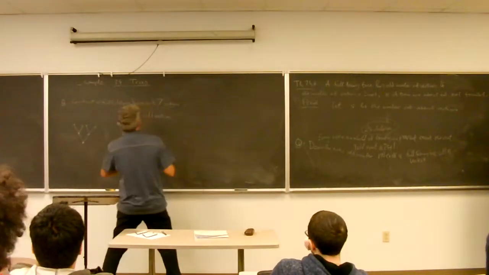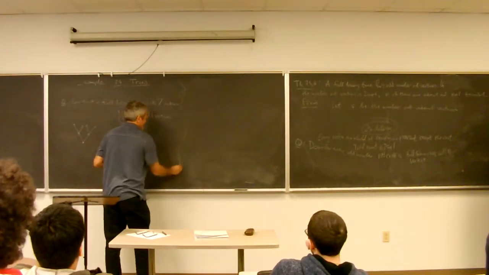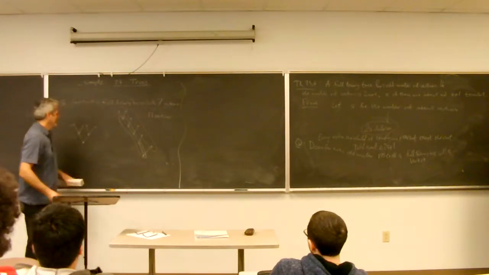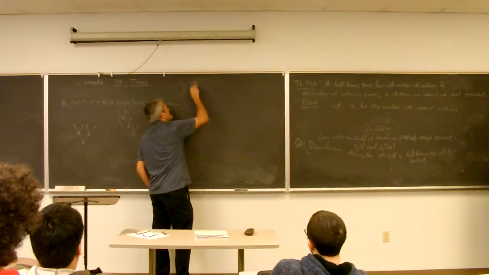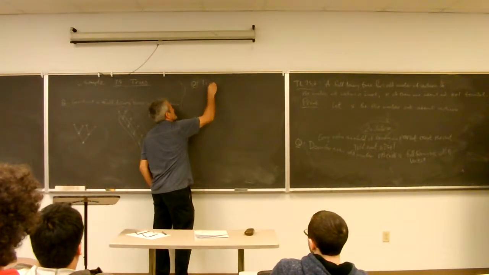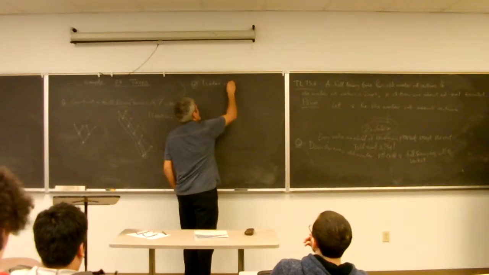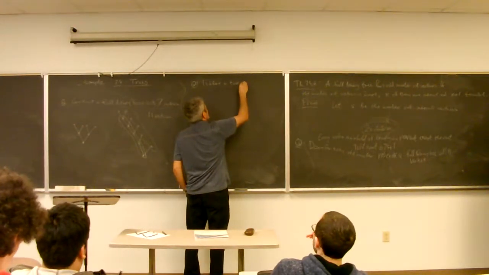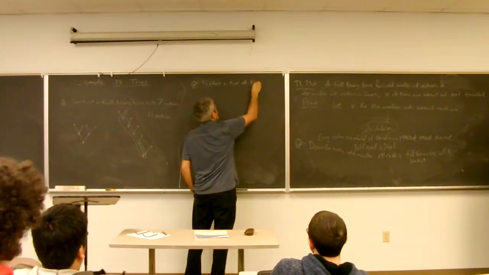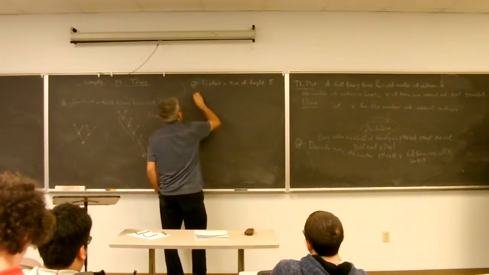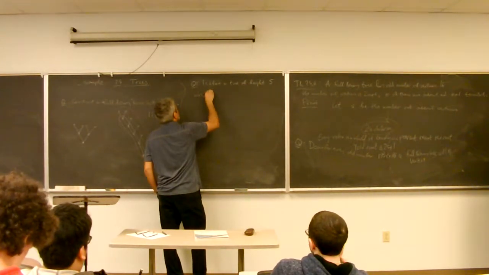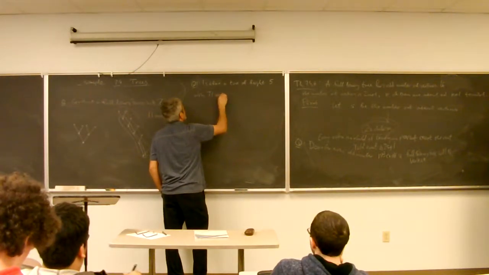This one is completely on the left. All right, so question 1. Is there a tree of height 5 with 71 vertices?